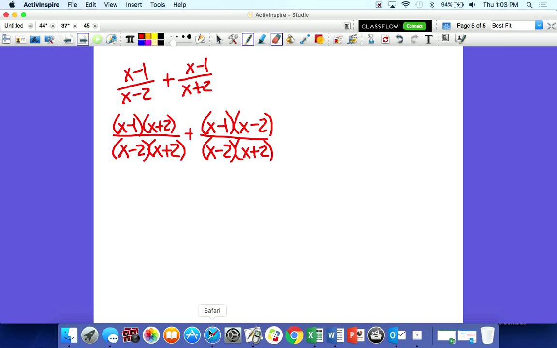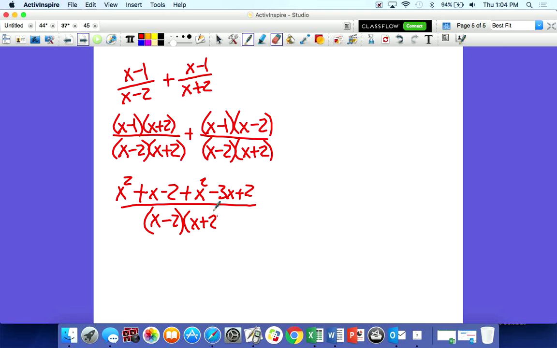Alright, now normally what I tell you is add your numerators together. Well, we've got to do some work first before we add those. We've got to FOIL these out. So we've got x squared plus 2x minus an x, so plus x minus 2 plus x squared minus 3x plus 2 all over x minus 2 x plus 2.